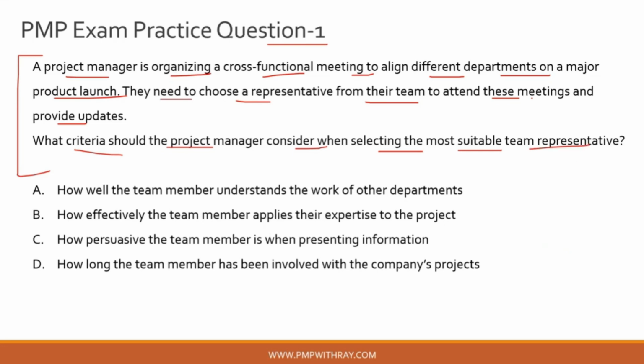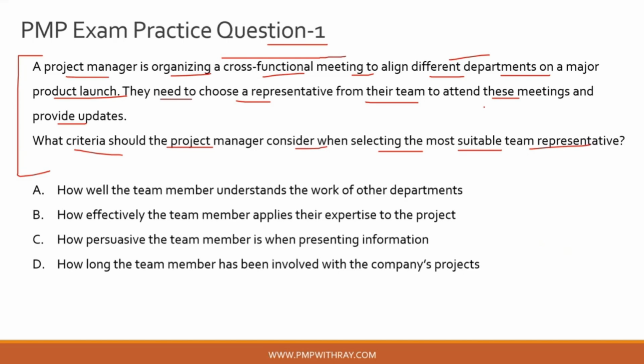Now you see, guys, if there is a situation where you have a pretty significant cross-functional team, and you need to align things with the different departments, just ask yourself what kind of traits or behavioral skills you are looking at for one of your team members who you can trust with handling this kind of situation, right?